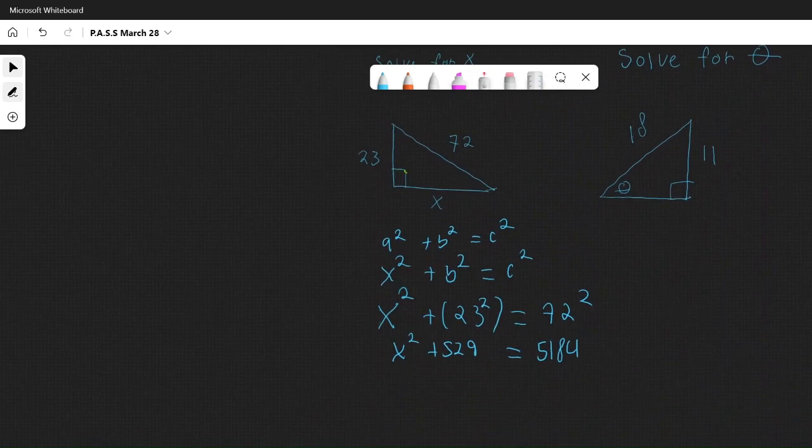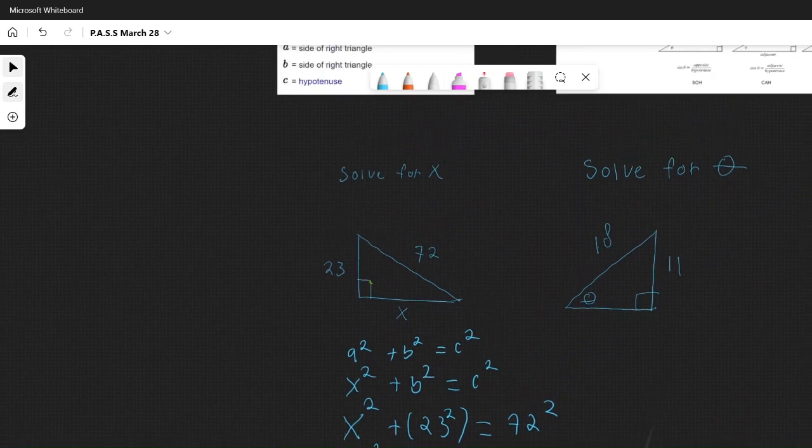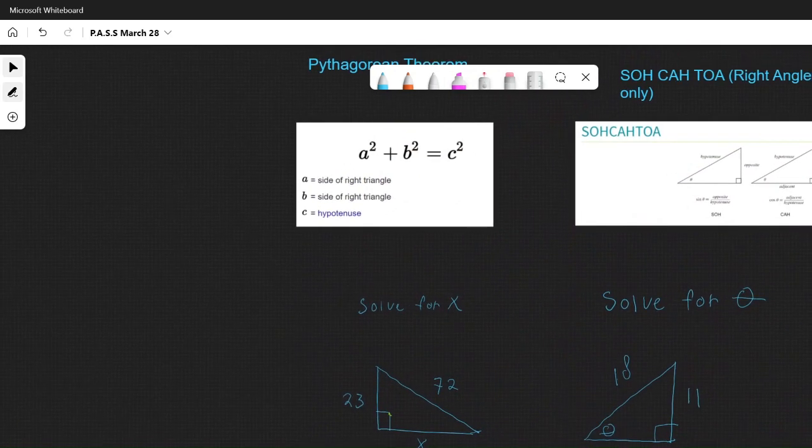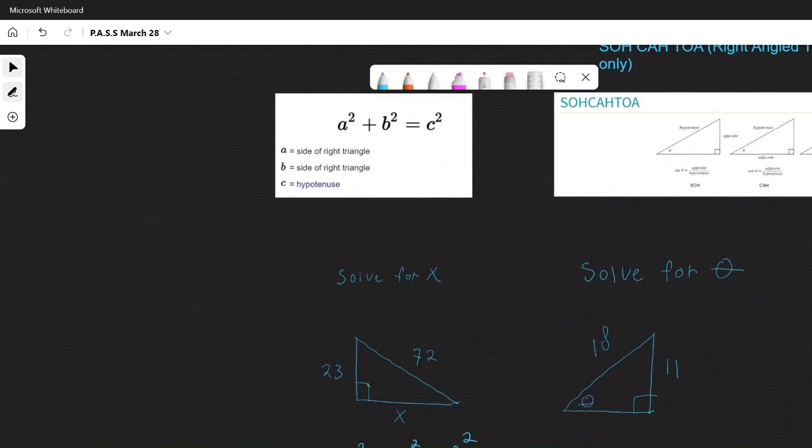Then we subtract 529, so x squared equals 4655, and we take the square root of both sides, and that will give us x equals 68.2 approximately.